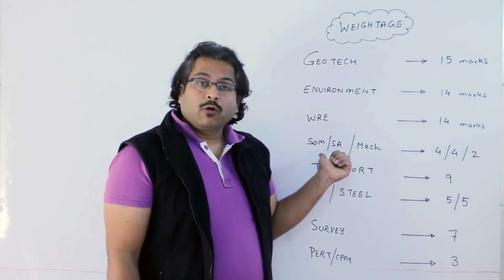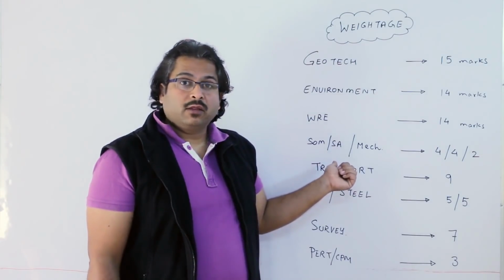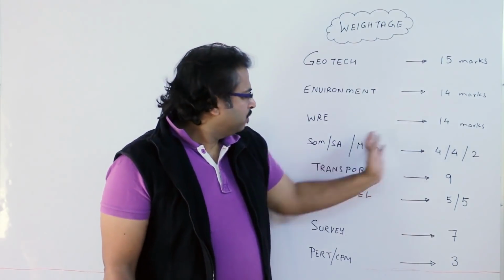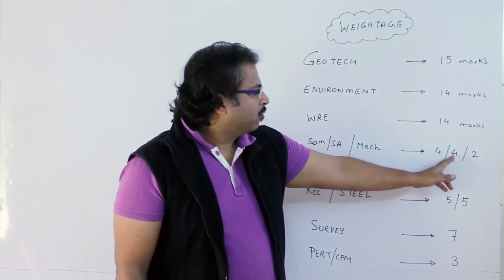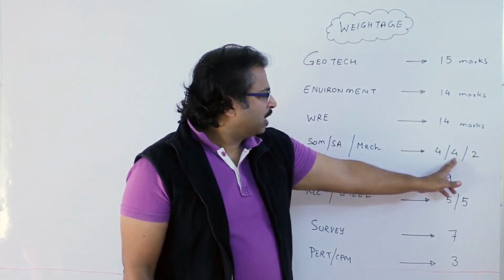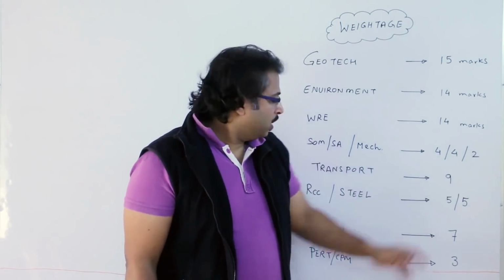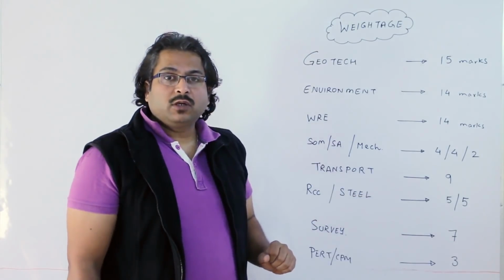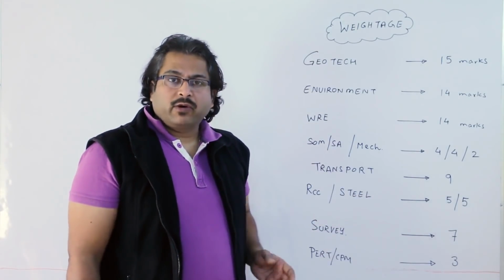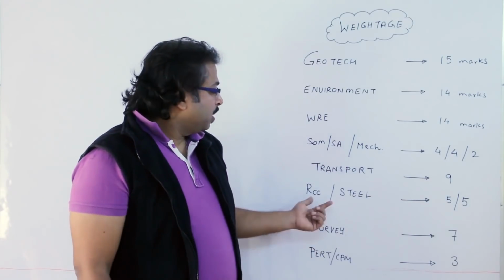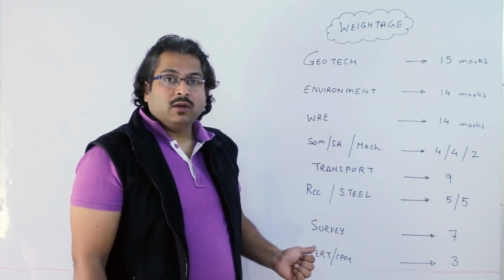Then solid mechanics, structure analysis, mechanics. These carry different weightage. Sometimes solid mechanics 4, structure analysis 4. Then mechanics is 2. Then the transportation, traffic, highway geometrics, and other means of transport carry 9 marks. RCC and steel.